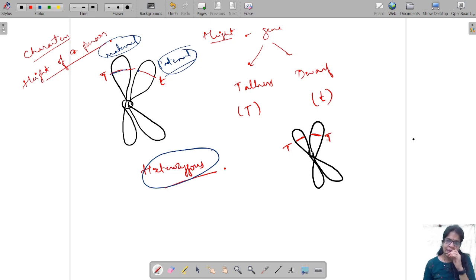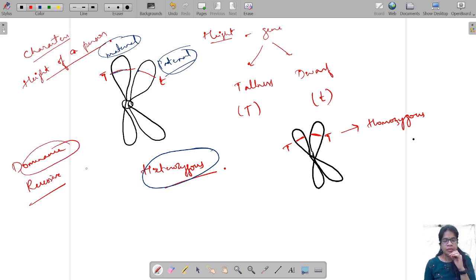Okay, and in the same way, if both alleles of the sister chromatids are the same, they are called homozygous. See, here comes the important term: what is dominance and what is recessive? So which is expressed more is what you call dominance. The one which is expressed little is called recessive.